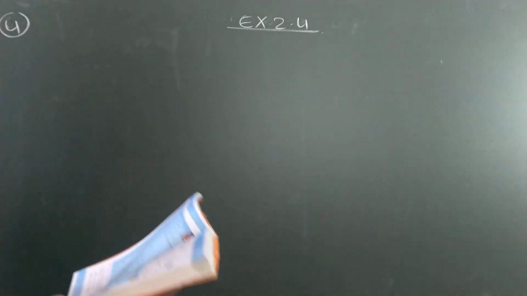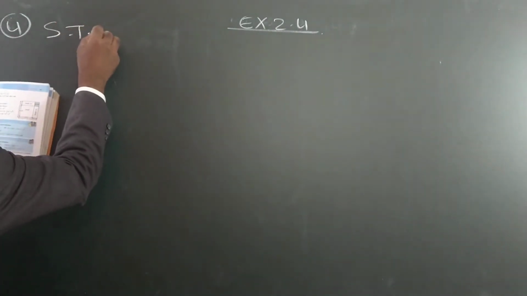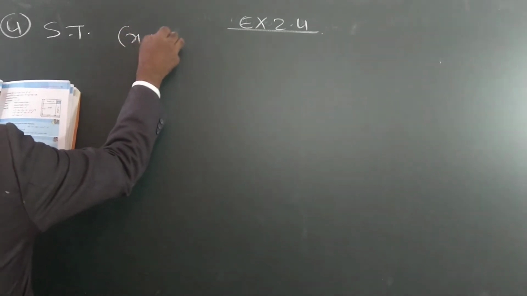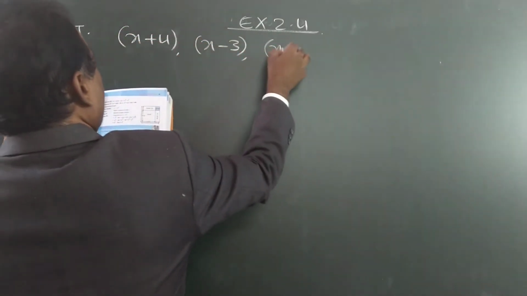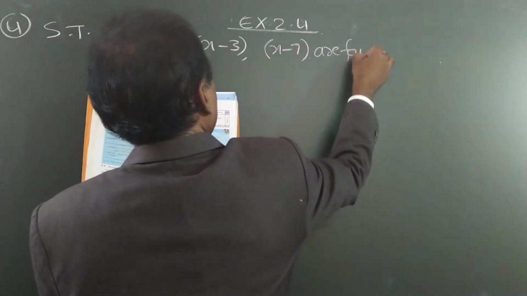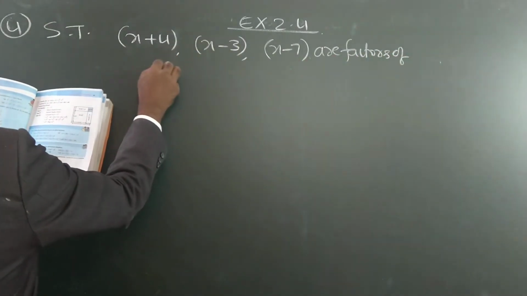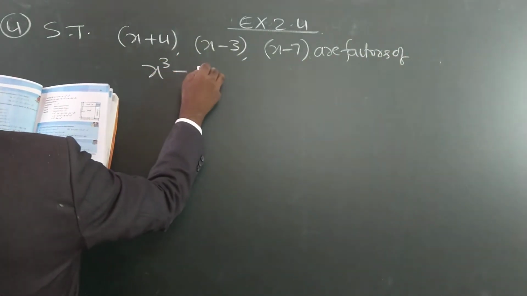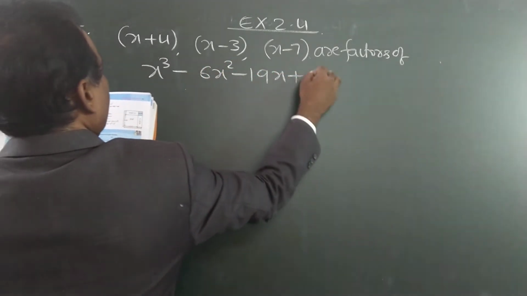Factor means remainder 0. So the question is, show that x plus 4, x minus 3, x minus 7 are factors of x cube minus 6x square minus 19x plus 84.